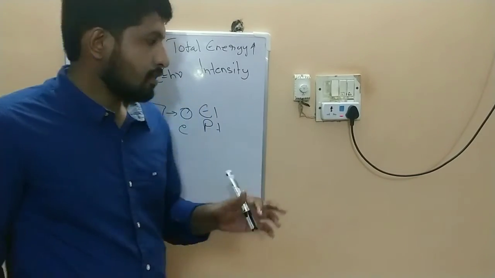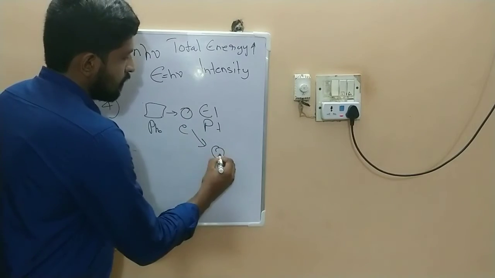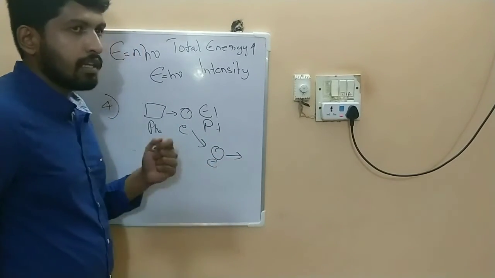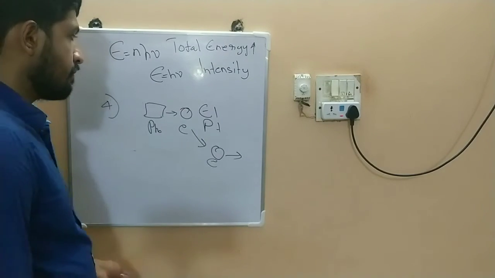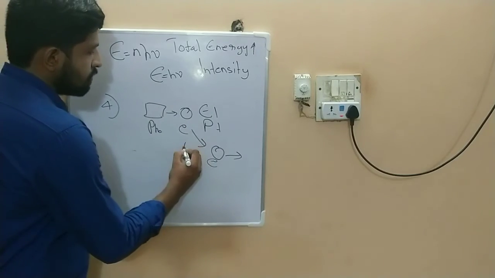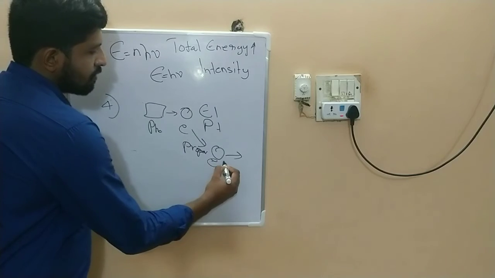That energy will give the electron kinetic energy, that is, an electron with a moving velocity. What happens if the collision is not proper? If the collision is proper, this is what happens: a moving electron.